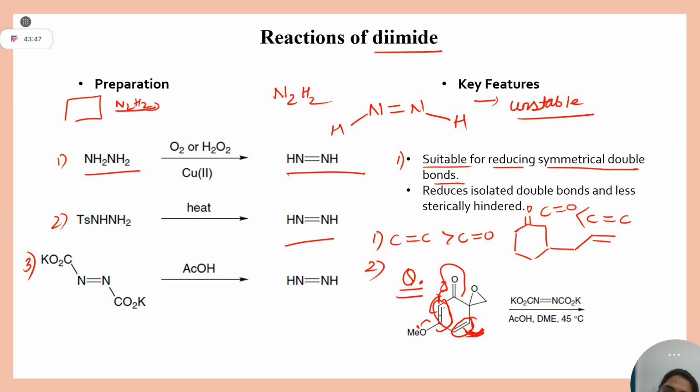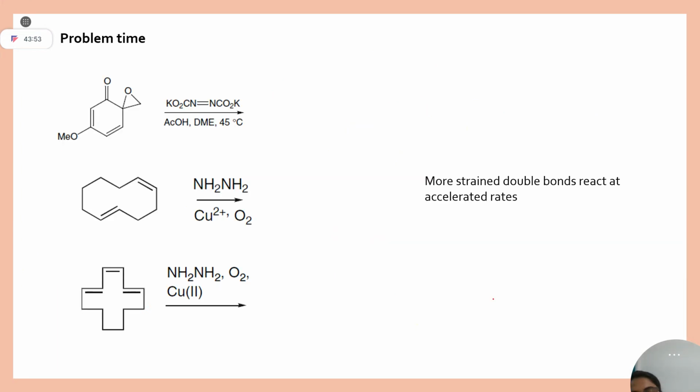Okay. Now there are remaining two olefins. So the only good option is this, right? So the answer to the first question we have already solved. Still tell me, among olefin 1 and 2, which will be reduced selectively.